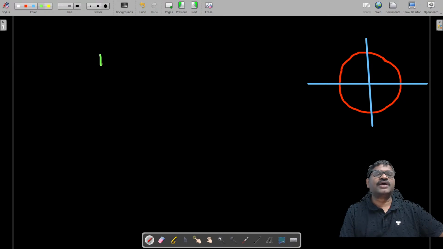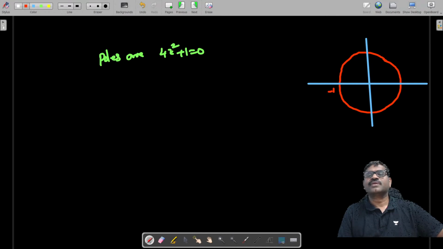The poles are given by 4z square plus 1 equal to 0.